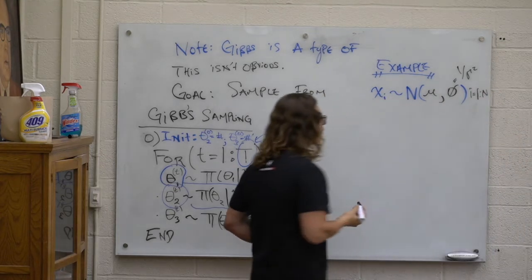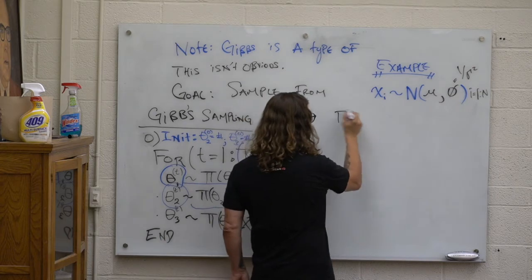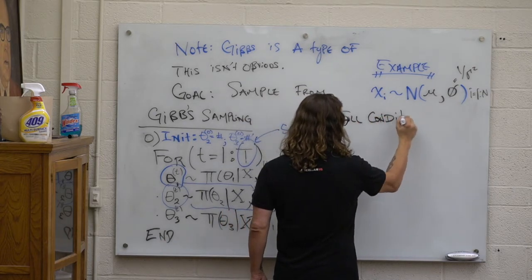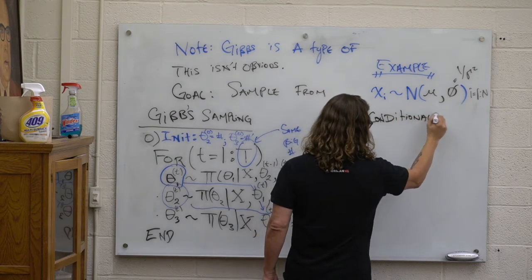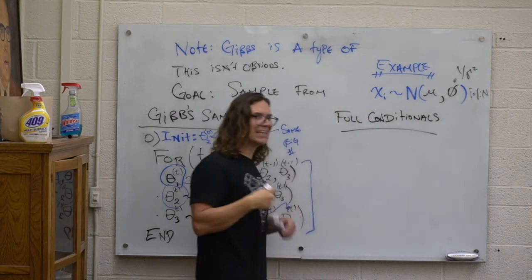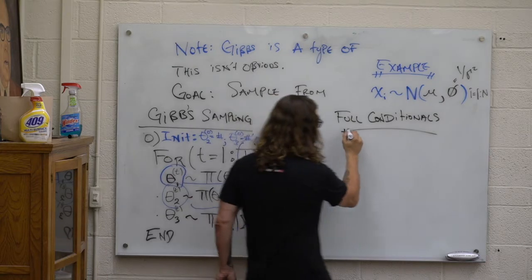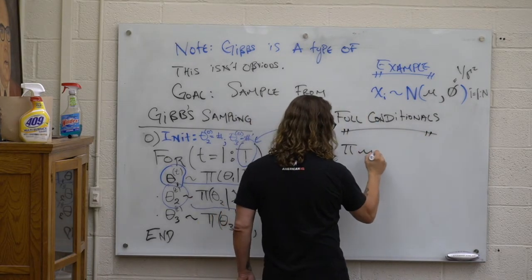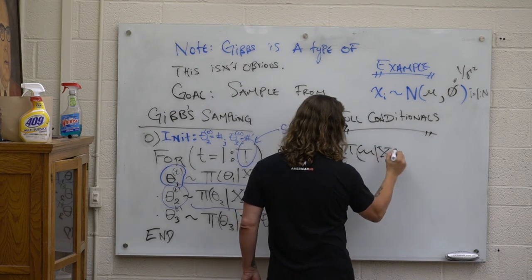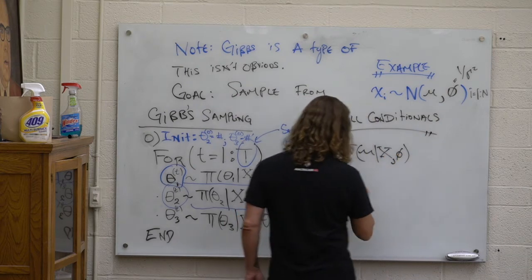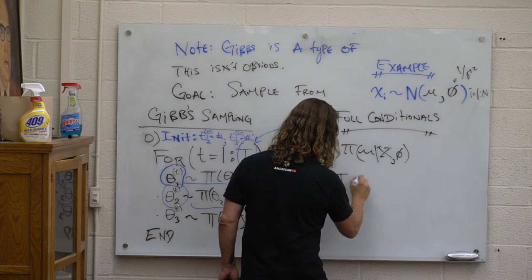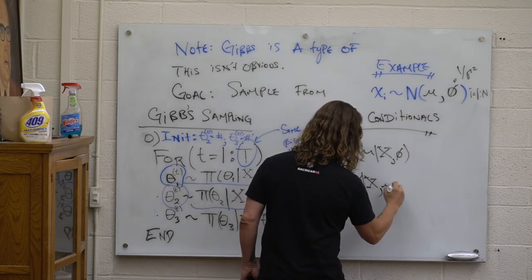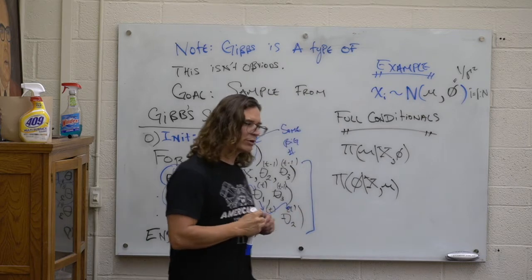I can work out the full conditionals. So the full conditionals, you can implement this after I tell you about it. These are going to be pi of mu given x and phi, and pi of phi given x and mu. I think we worked these out before.